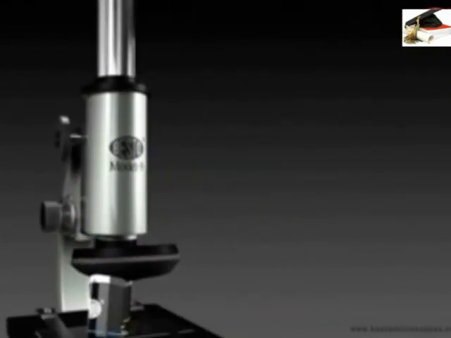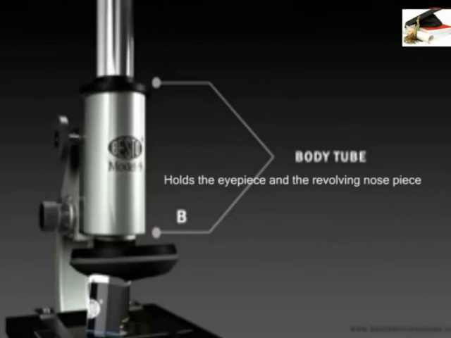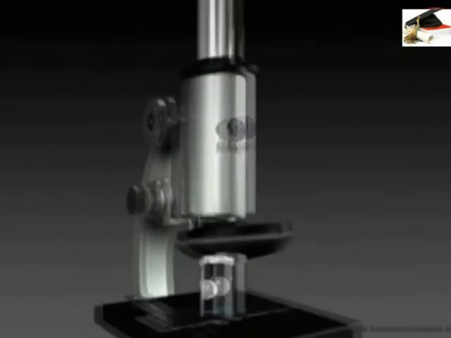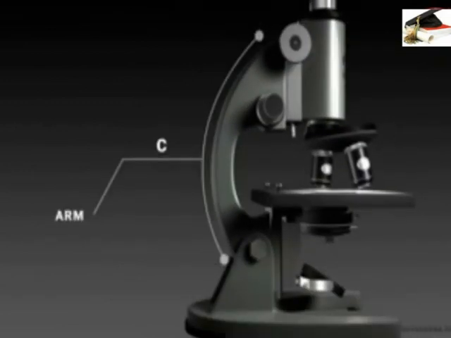The body tube holds the eyepiece and the revolving nosepiece. The arm or the limb is the curved metal piece. It holds the body tube in place over the stage and the base.